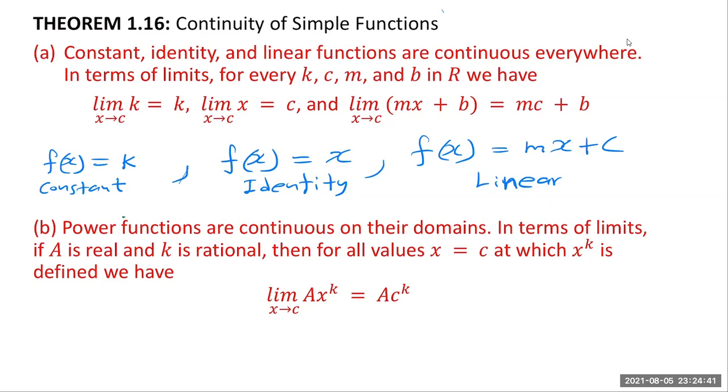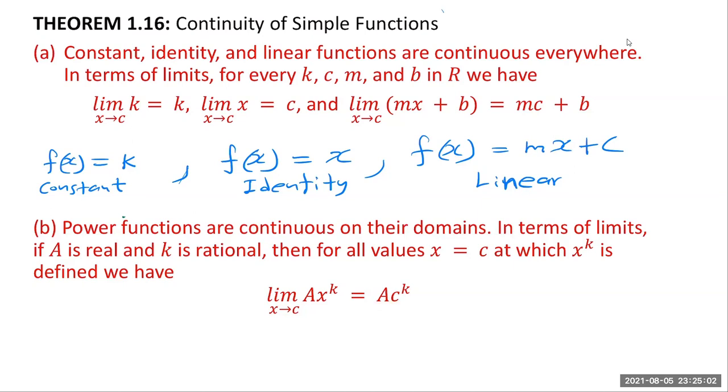In terms of limits, if a is a real number and k is a rational number, then for all x values, x = c, at which x^k is defined, we have the limit as x approaches c of ax^k is equal to a times c^k.